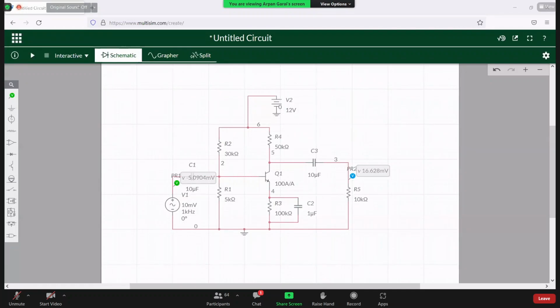The assignments that were previously done are actually already there. You do not have to resubmit them. Only the third assignment, that is the RC coupled amplifier, you have to submit.